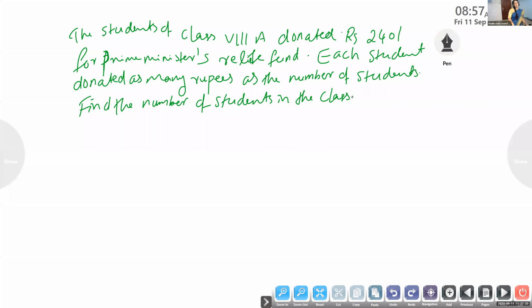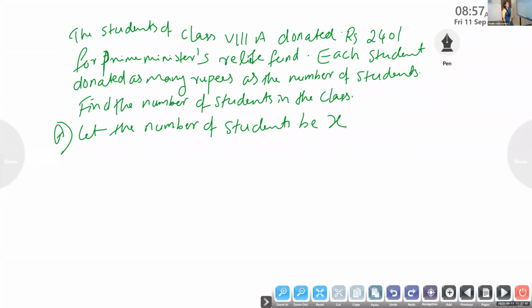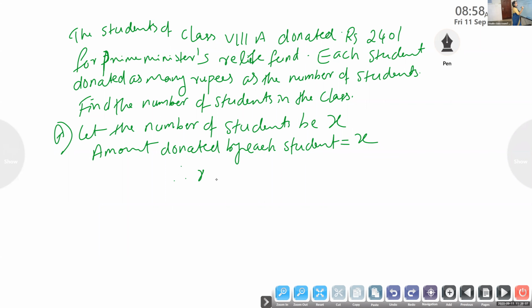So the root of 2401 will give the number of students, and also the amount donated by each student.